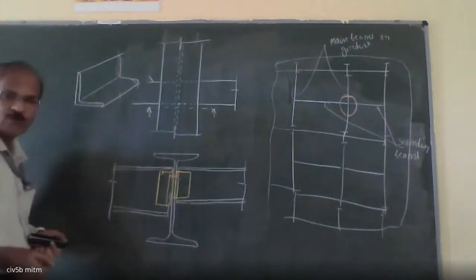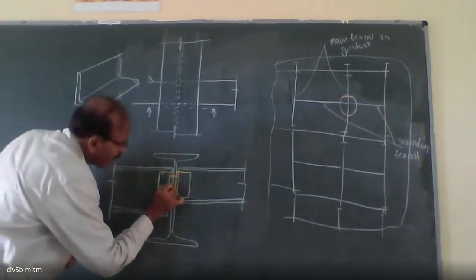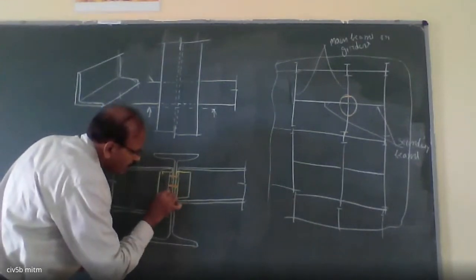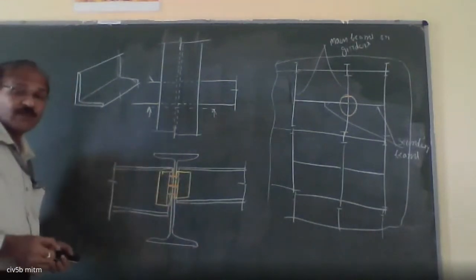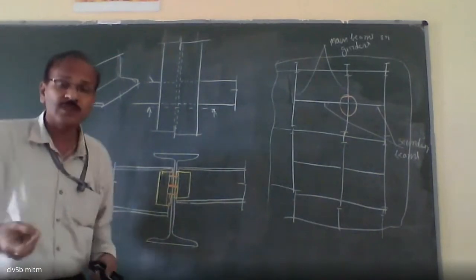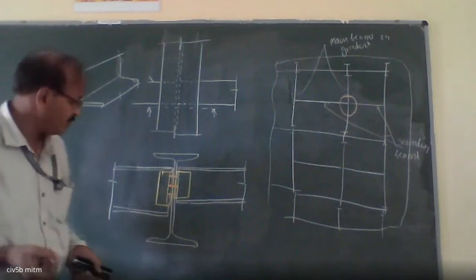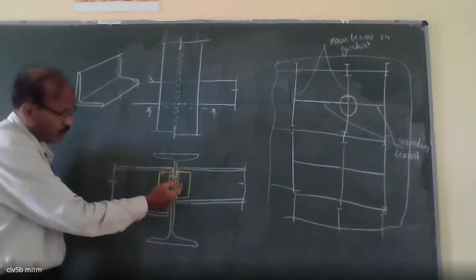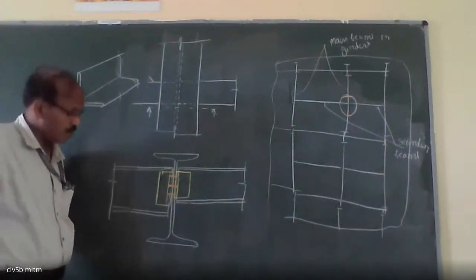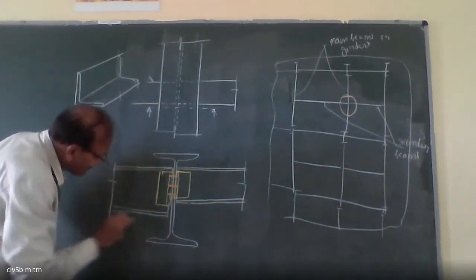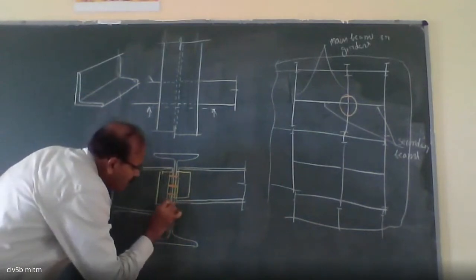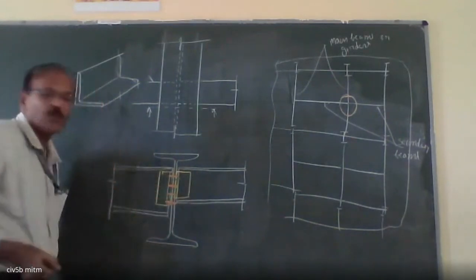We are going to drill holes and provide the required number of bolts. These bolts are designed. We are going to find out what diameter of bolts we need and how many bolts we need. This bolt is supporting both. Because this is a heavier beam, we are going to provide additional bolts below.